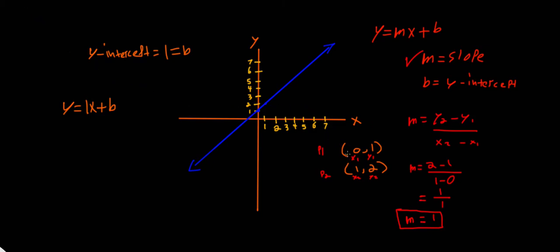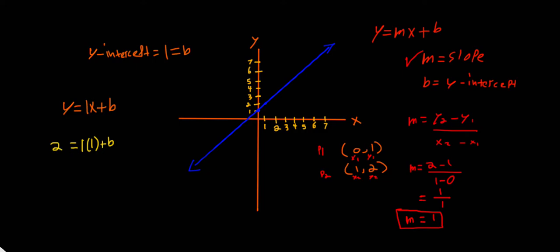Let's use the second point. We're going to plug in the x and y values and solve for b. This point says the x value is 1 and the y value is 2. So let's plug it in. We have 1 times 1, because again the x value is 1, plus b is equal to the y value, which is 2.